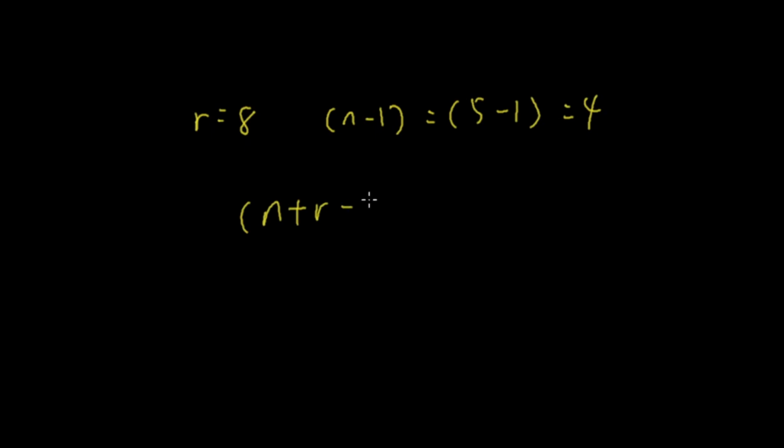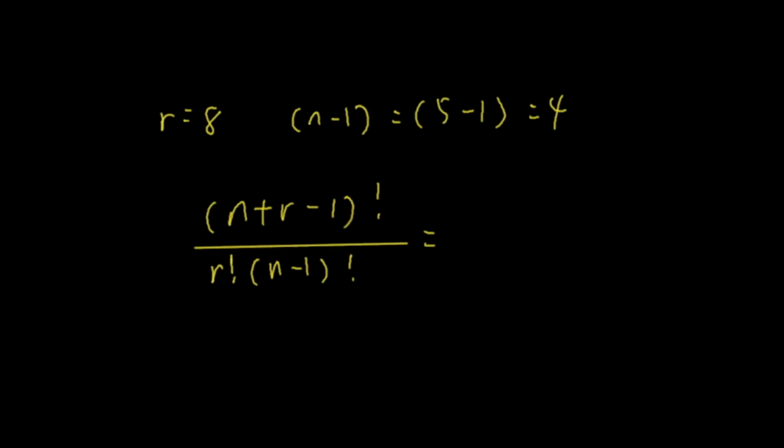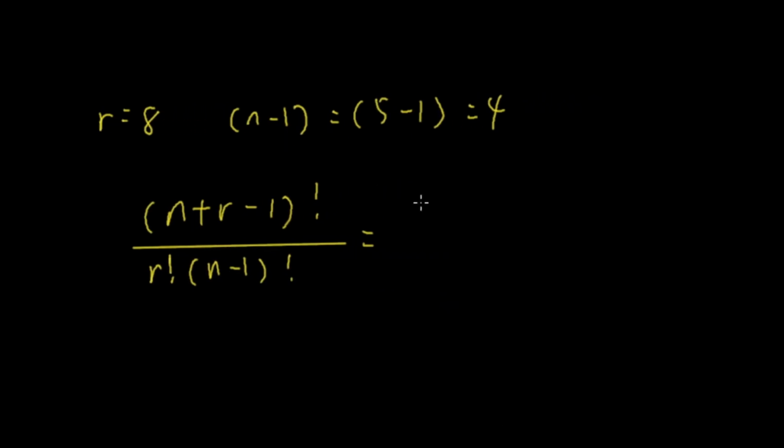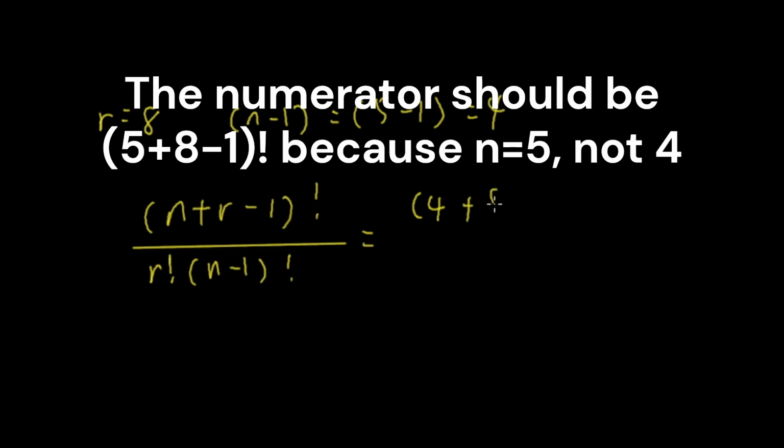Using the formula that we just talked about, that would be n, which is 4, plus R, which is 8, minus 1, factorial, divided by R, which is 8 factorial, times n minus 1, which is 4 here, right? So 4 factorial. Okay, again, you can put it into the calculator and then calculate the number of ways that you can choose this.